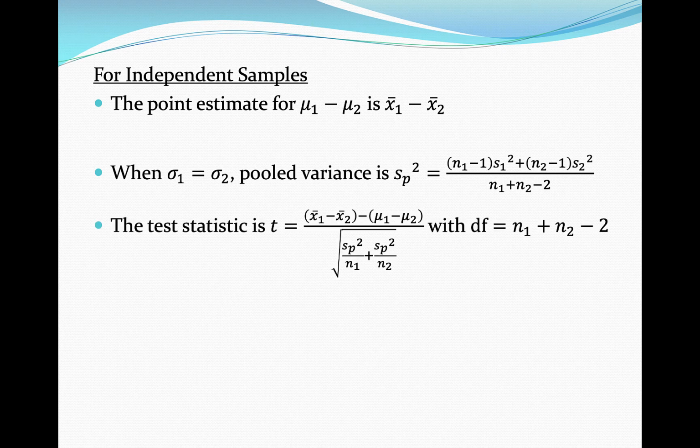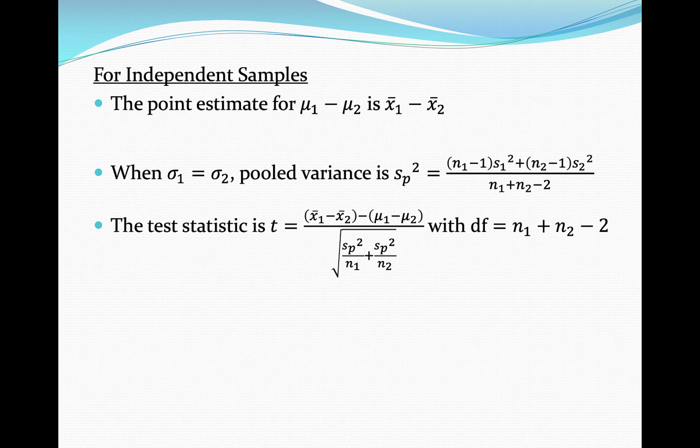Once you get that pooled variance, then you can calculate your test statistic. This test statistic is in the same form as all the others that we've dealt with, but it does look a little more messy. We take our observation, which is x bar 1 minus x bar 2. That's the first thing you see in that test statistic T. From that, we subtract the parameter, which is mu1 minus mu2, and then we divide by the standard error.